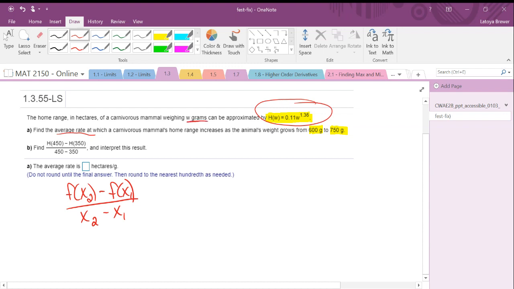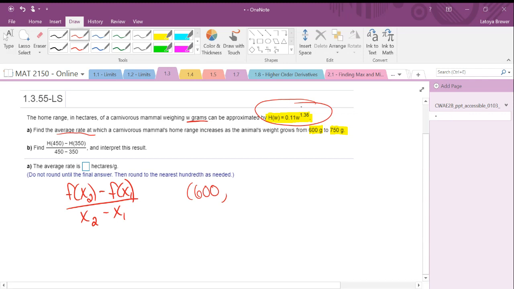In other words, where W is the grams, if we know how much the animal weighs, we can use this function, H of W. I can substitute the weight into the function, and the output gives me the home range of that mammal. So if I have 600 grams, I don't have these values, so give me just a moment to plug it into my calculator, which means you guys have time to do it as well.